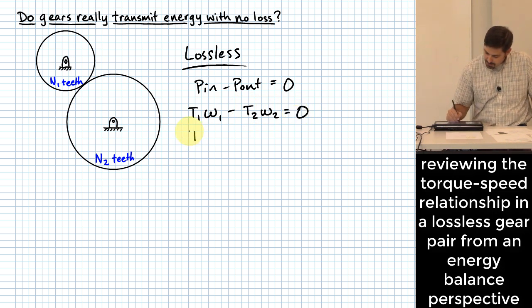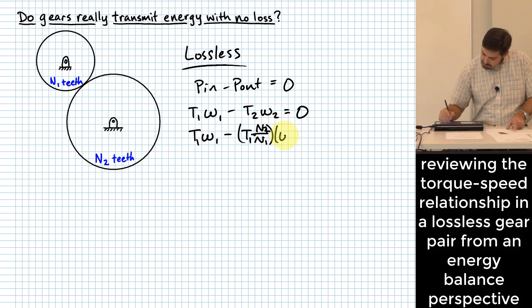This is doing the same thing in a slightly different way. We can plug in what we had for T2. T2 is going to be equal to T1 times N2 over N1, times omega 2, which is just omega 1 times N1 over N2.